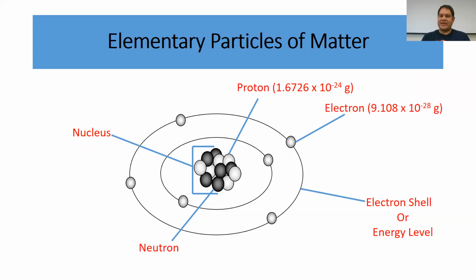So remember that in lesson 3, we focused on the basic structure of the atom. We said that the nucleus of the atom is composed of neutrons and protons, and the electrons are outside of that nucleus in some sort of motion around the nucleus, located in the electron shell or energy level as depicted by this diagram.